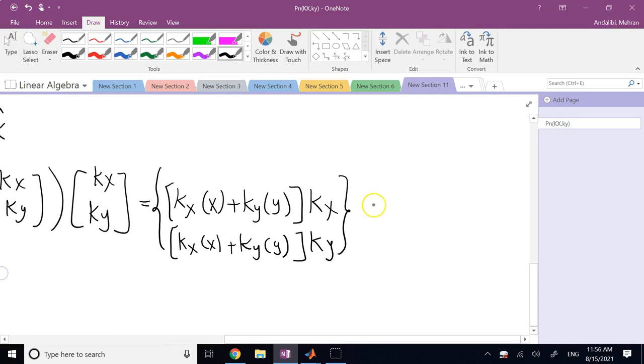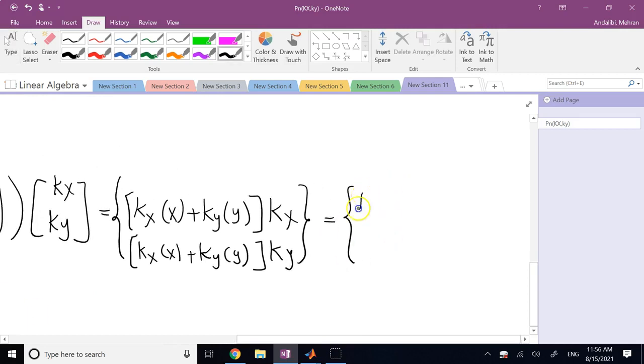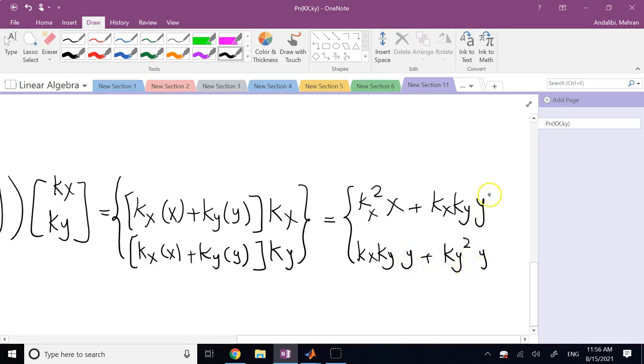So if I simplify it, it will be what? It's going to be kx squared times x plus kx ky times y. And here is going to be kx ky times y plus ky squared times, this is times x, that is times y.